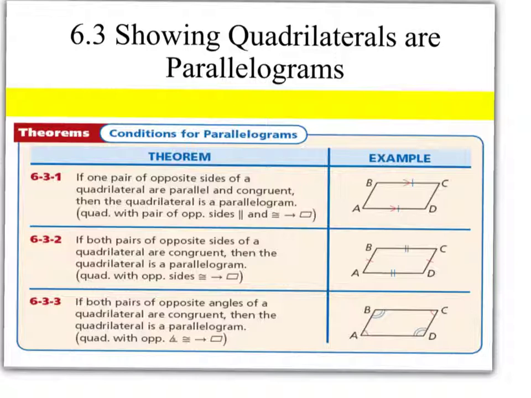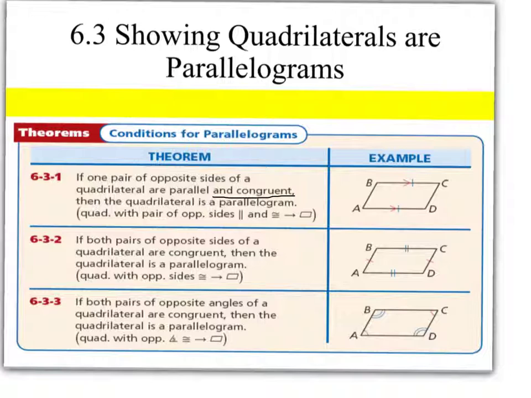All right, it says, if one pair of opposite sides of a quadrilateral are parallel and congruent, that's very key, not just parallel, but and congruent, then the quadrilateral is a parallelogram. So you need to know that they are parallel and congruent.